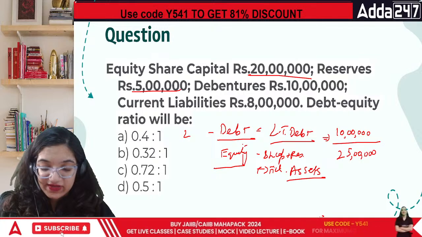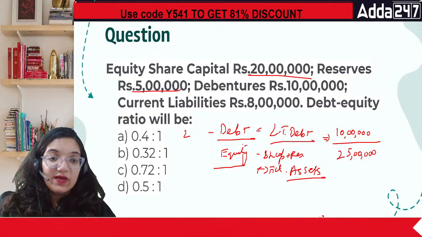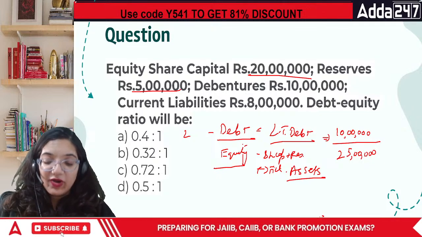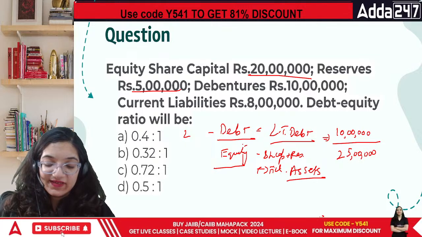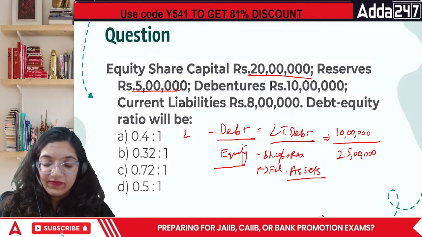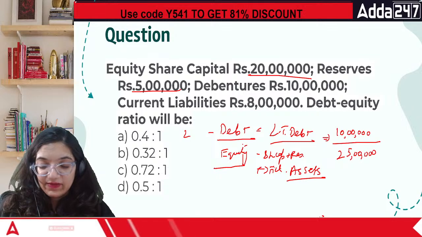Calculated it. 0.4 is to 1. Then we have 0.32 is to 1, 0.72 is to 1, or 0.5 is to 1. Done, everyone?